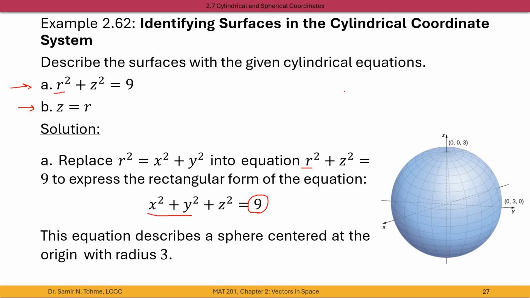Since we know we're working in cylindrical coordinates, we will replace, for example, r squared in the equation over here, or maybe you're going to use another equation in the cylindrical equations defined by theta in the given equation in the example, and do some rearrangement or recalculation to find the final equation and know what kind of surface.